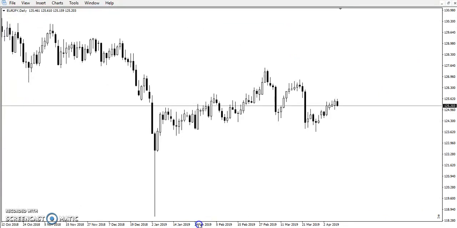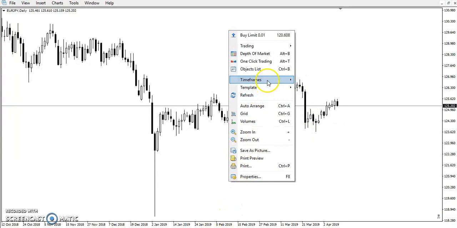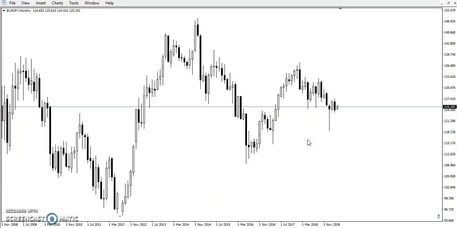Put in a bottom, you had a turn. Put in a top, you had a turn. Right here, put in a top, bull candle, bear candle, reversal. It can't do anything other than that. You can even go out to a monthly time frame.